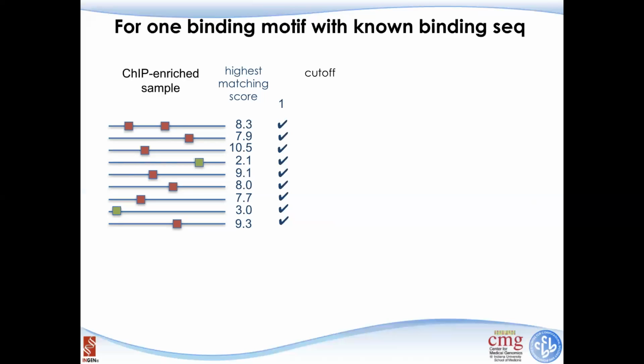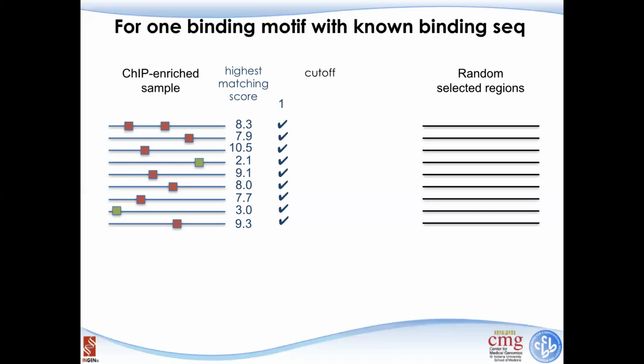The most common way bioinformaticians do this is to randomly select some regions. For example, if the ChIP-seq enriched regions are promoters, then we randomly select some other promoter regions, use the same transcription factor to scan there, and get the highest score, like this one.